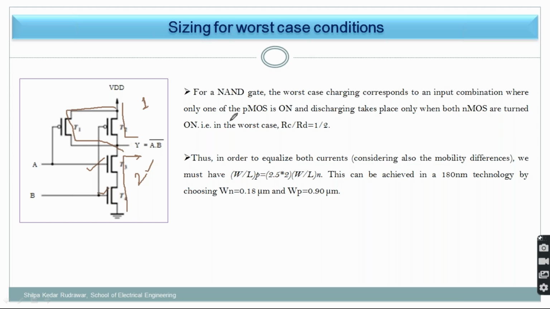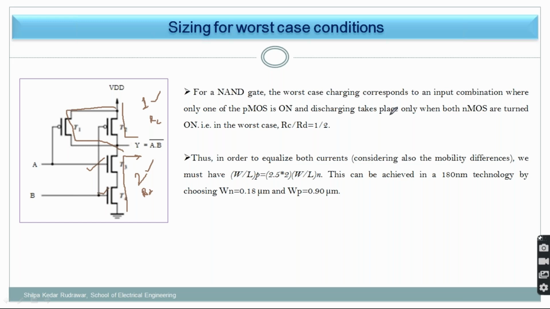And that's why it is written here. This is related to capacitor charging, so the resistance of charging the capacitor and the resistance for discharging. So RC by RD: RC is 1, so it is written 1, and RD is 2, so 1 by 2 is written. Hope these things are clear.